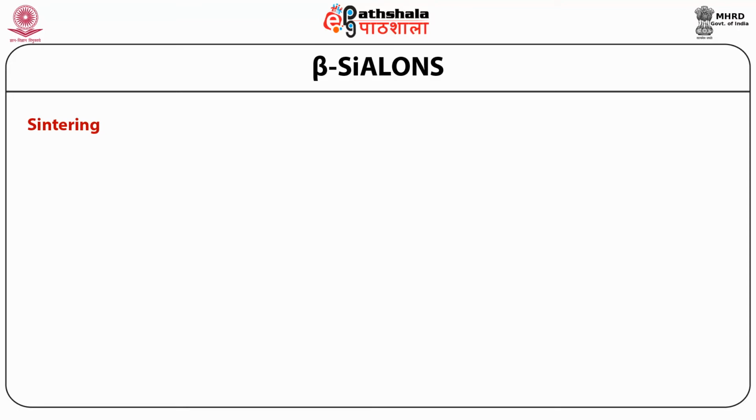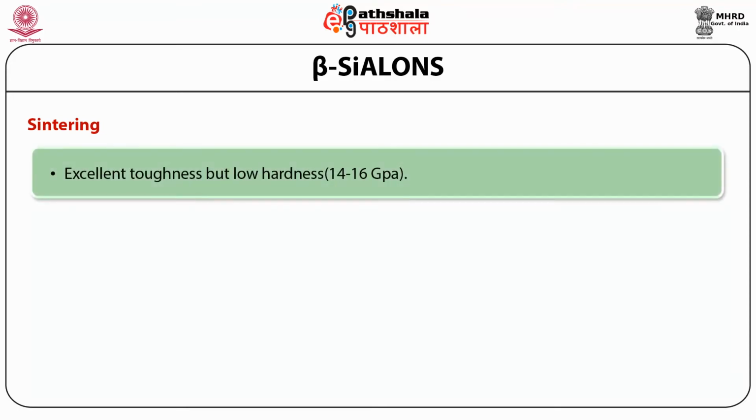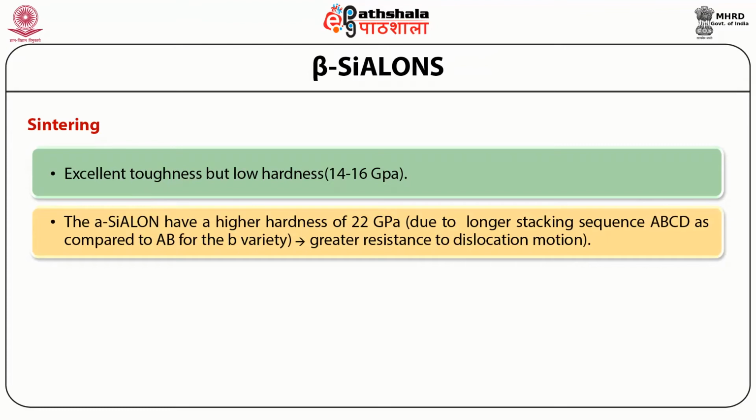The beta sialones have excellent toughness but their hardness, which is 14 to 16 gigapascal, is low. The alpha sialones have higher hardness of 22 gigapascal, and this comes from their longer stacking sequence, that is ABCD, as compared to AB for the beta variety. Such a structure provides a high resistance to dislocation motion.